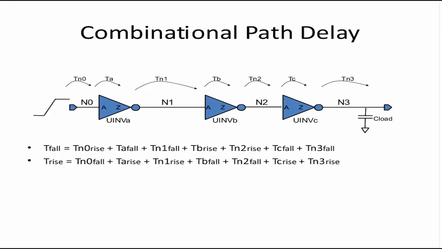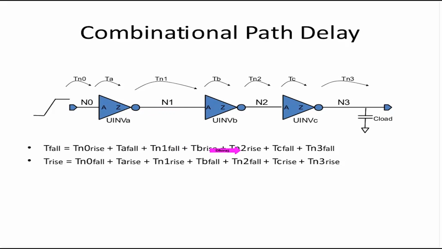For example, the fall value at the final node n3 would mean a rise at n2, a fall at n1, a rise at n0. So it will be Tn0 rise, Ta fall because Z is falling, Tn1 fall, Tb rise because now Z will rise, Tn2 rise plus Tc fall again.